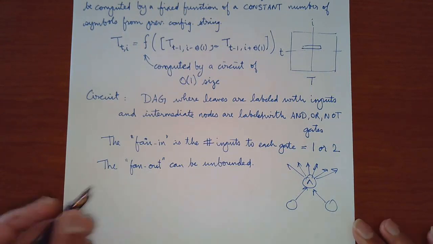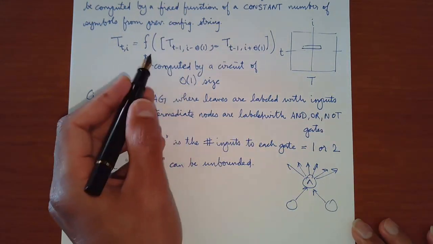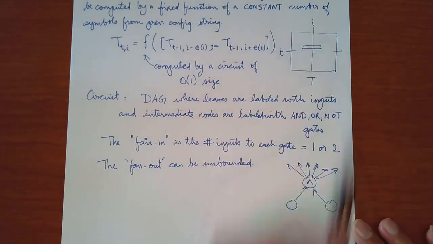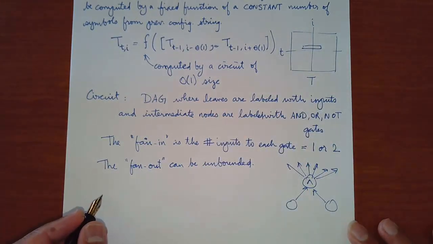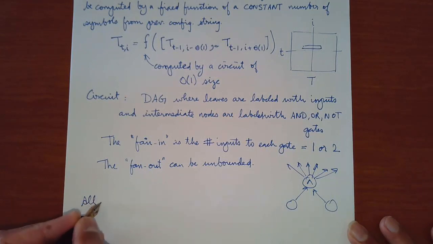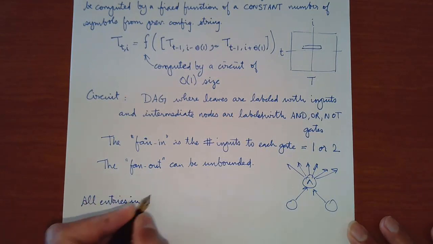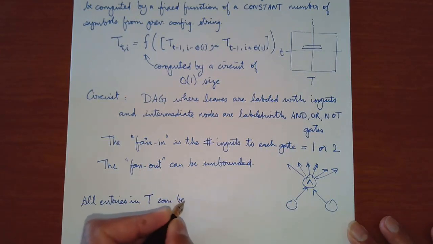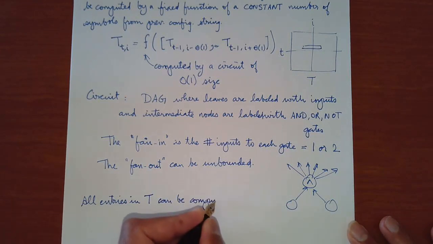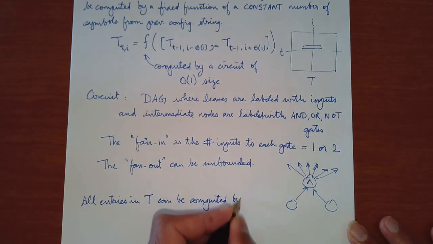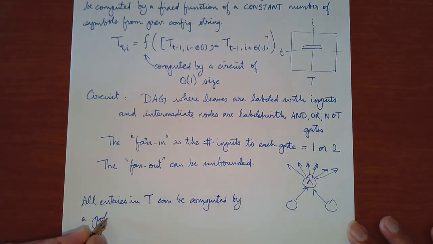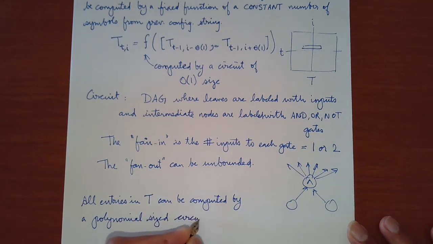So what this means is, because each symbol can be computed by a constant sized circuit, all entries in the tableau, all entries in T can be computed by a polynomial sized circuit.